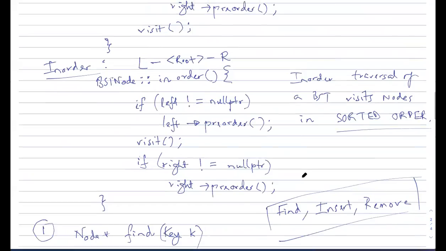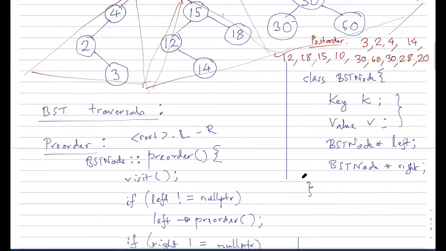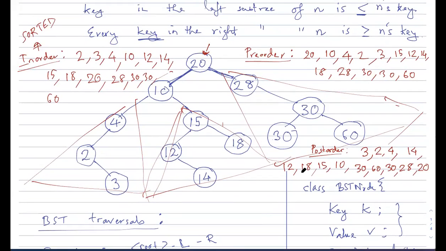Okay, let's try to see what this means. Suppose I'm looking for, let's say, 26. In order to find 26, what did we have to do?